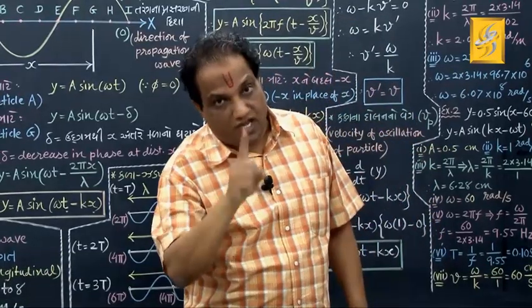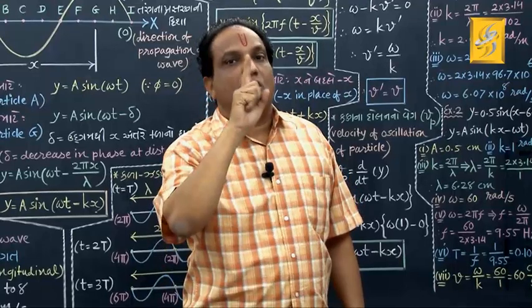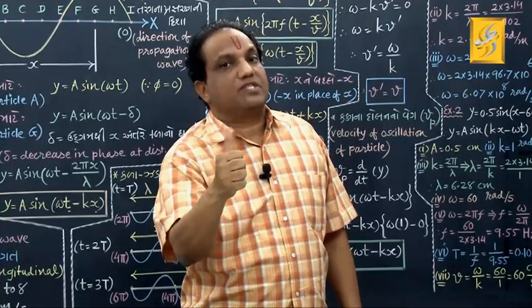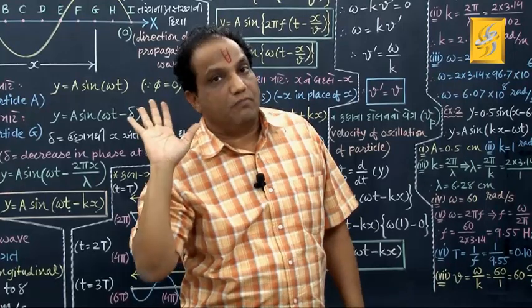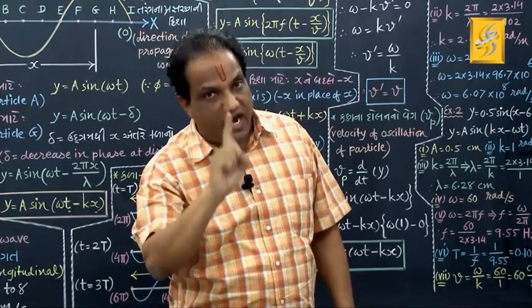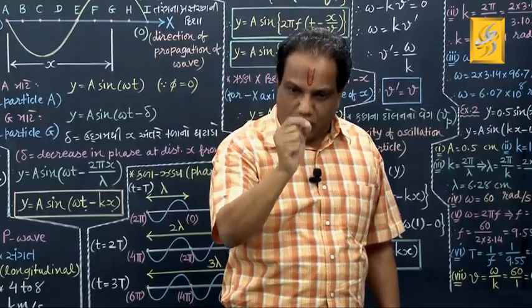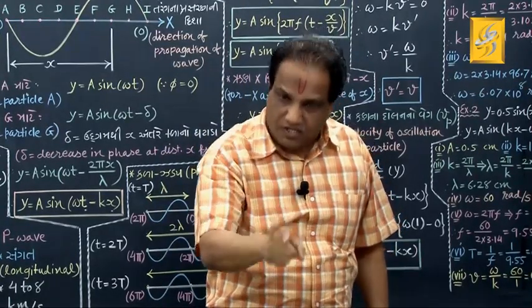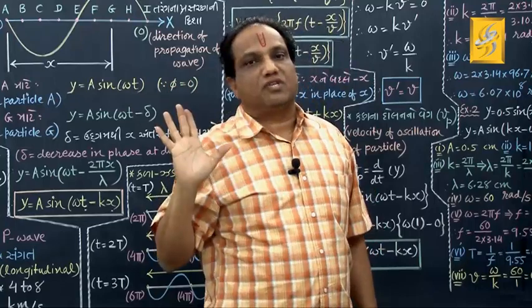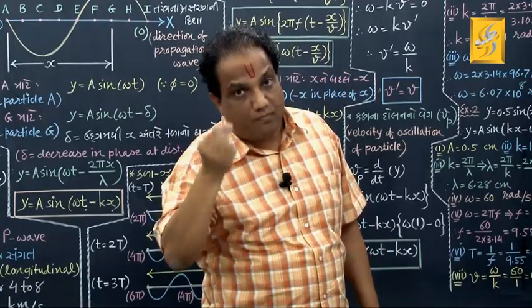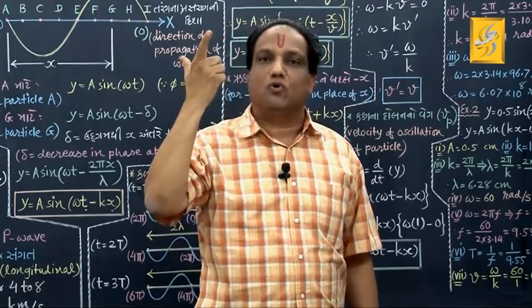But if that progressing harmonic wave is longitudinal, then a sine or cosine curve is not produced. So you must add in the definition, in brackets, that if the progressing harmonic wave is transverse, then only in a one dimensional medium do we get a shape like a sine curve or cosine curve.